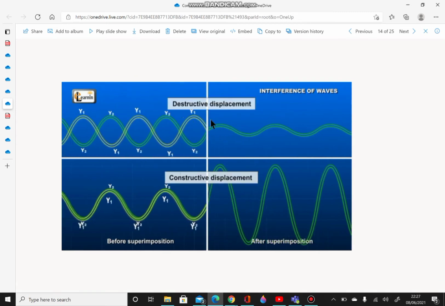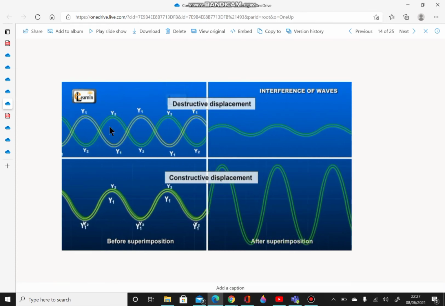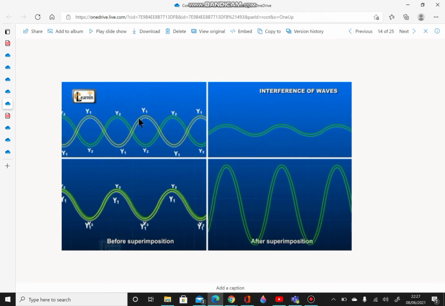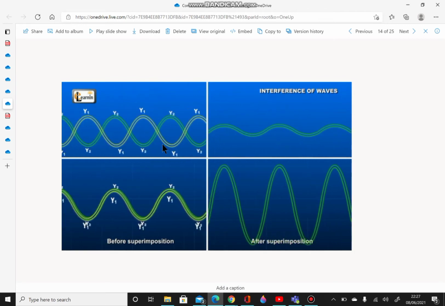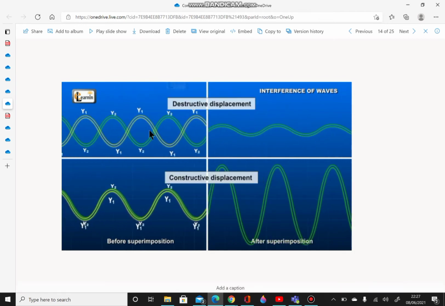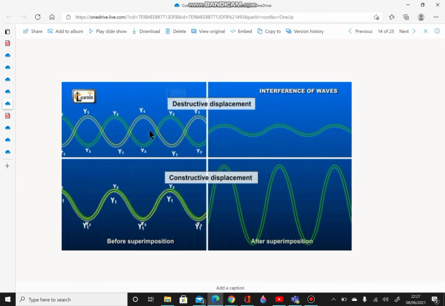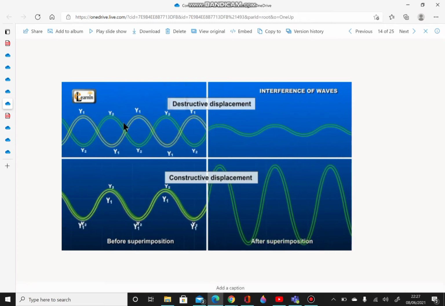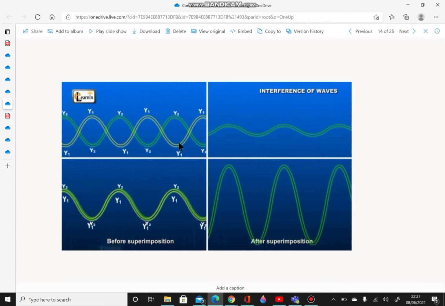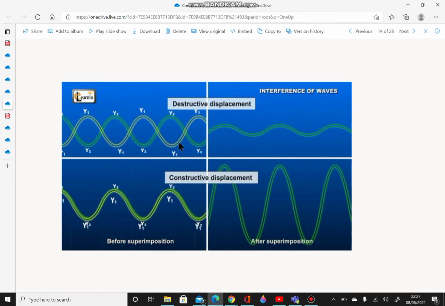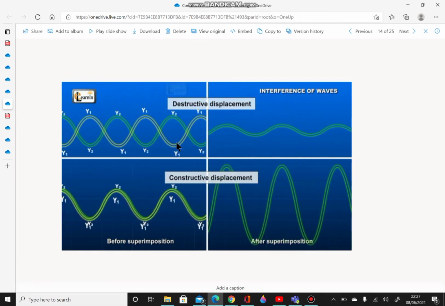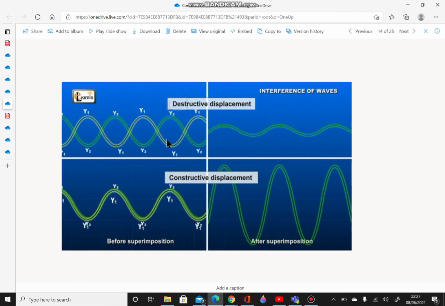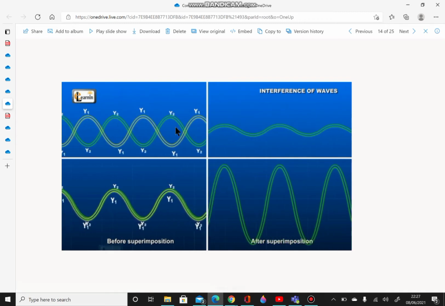Now, what is destructive interference? What happens in destructive interference is, let's consider a point on one waveform y1 and another point on the other waveform y2. At these two points, suppose in the first waveform it is positive, then the corresponding point in its counterpart, the second wave, is negative regardless of its magnitude. That is, one is positive, another is negative.